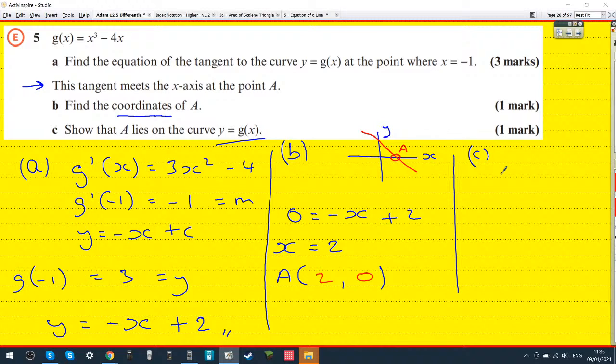Would you use y equals minus x plus 2? No. We want to show that it lies on the g of x, and y equals the g of x. So how would you work it out then? You don't sub it into the g dash of x, you sub it into the g of x.